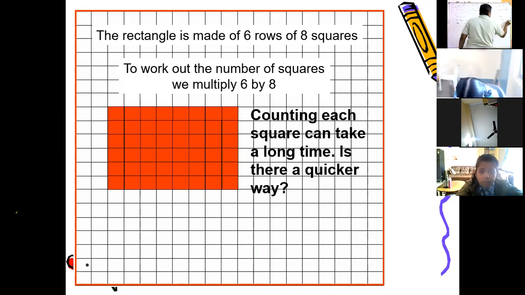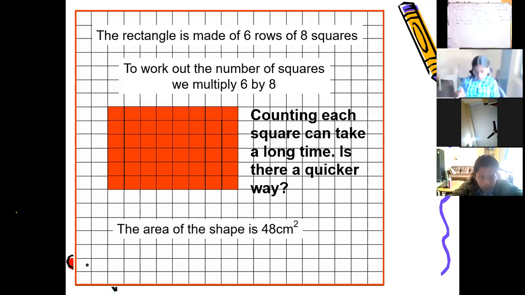48 square centimeter. Sir, should we write this? Yes. Area of the rectangle. You write the formula, length into breadth. Length into breadth we are doing because there are 48 small squares. So area will be 48.